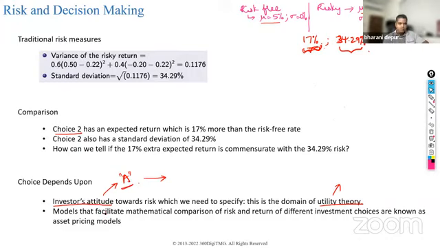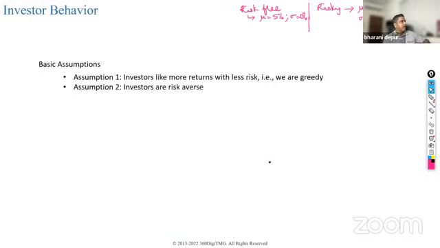So there are a lot of models also available which facilitate the mathematical comparison of risk and return of various investment choices. And they are called asset pricing models, like CAPM, the capital asset pricing model. Now, there are two basic assumptions about any investor. Investors are greedy. There's nothing wrong in being greedy, right? I need more returns with less risk.